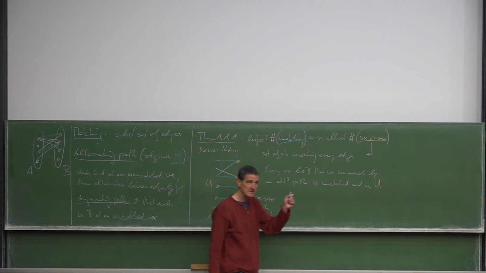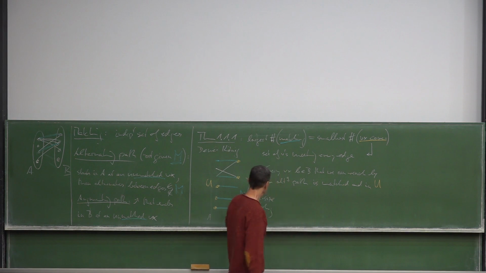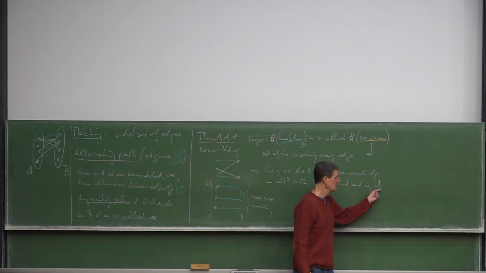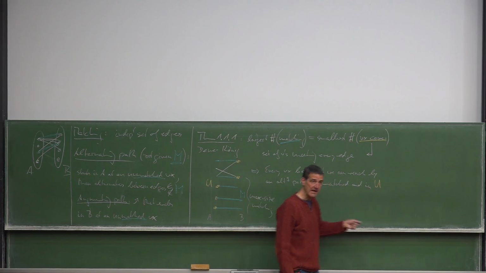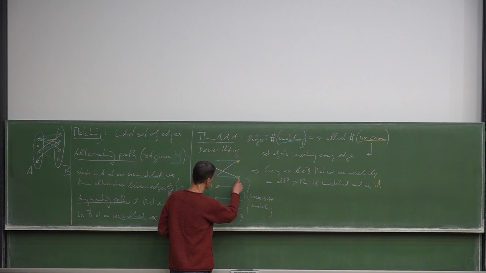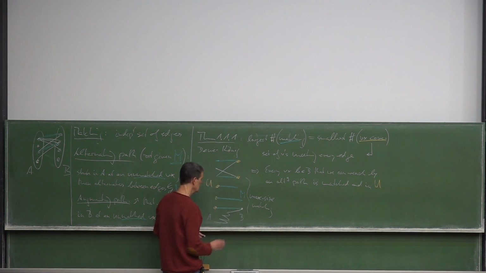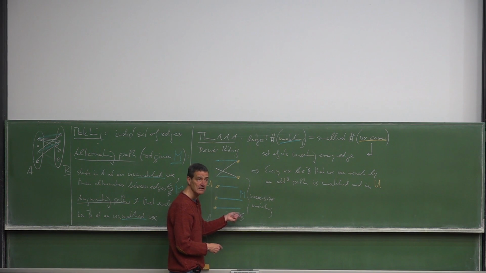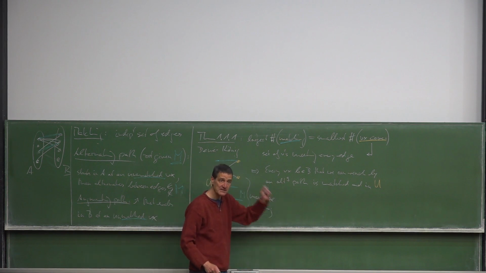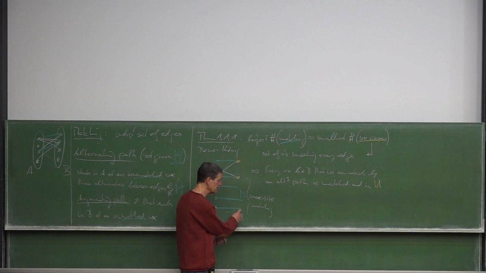So maybe it uses many vertices on the right that are all in U. And let's look at the first time it gets to a vertex on the right that is not in U. Then that has to be matched, otherwise it would be an augmenting path.